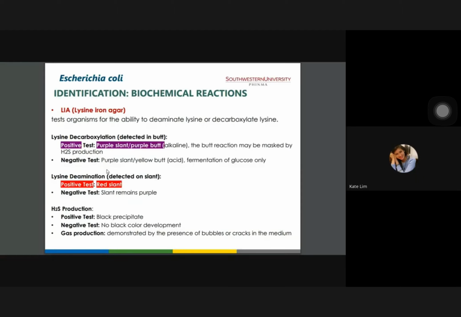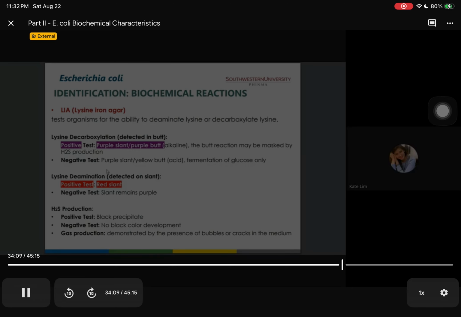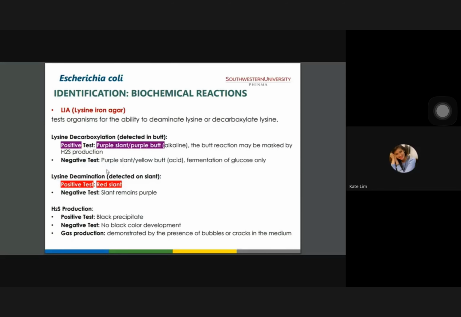So, we need to observe the slant. For a positive result, the slant will change to become red. If there's a red slant, then that is positive for lysine deamination, meaning the bacteria has the ability to deaminate the lysine.